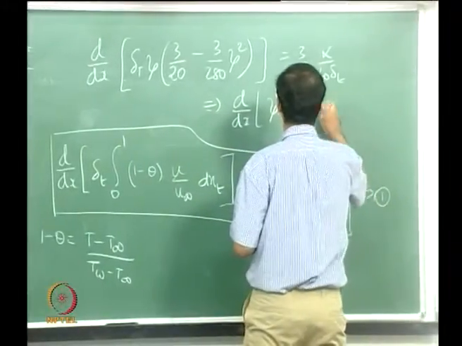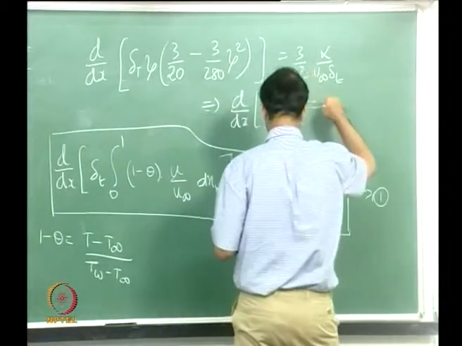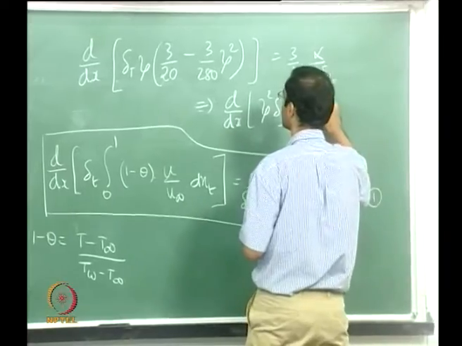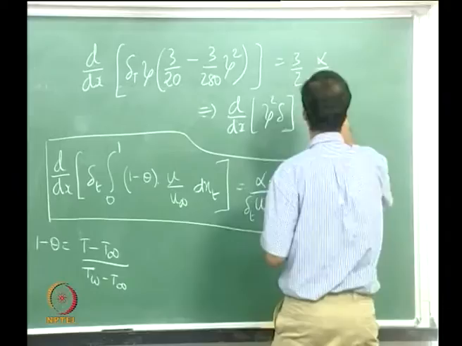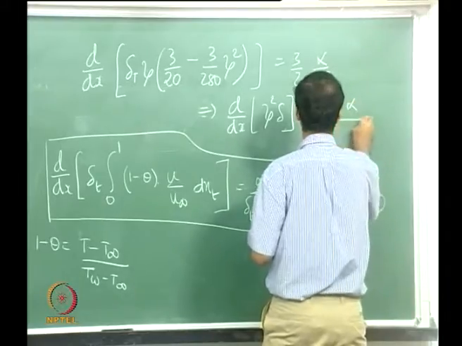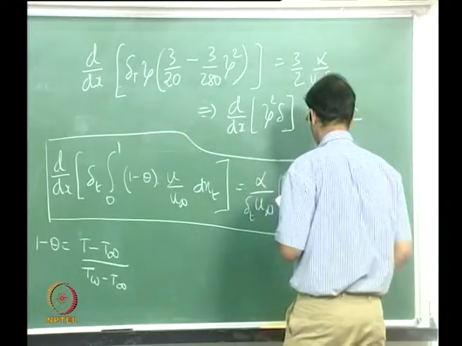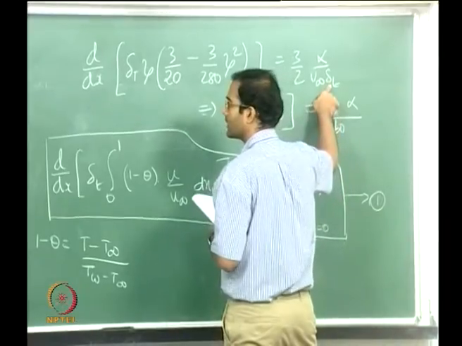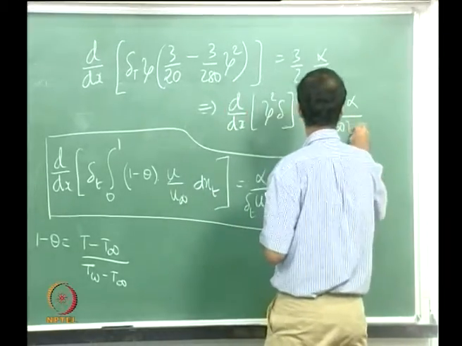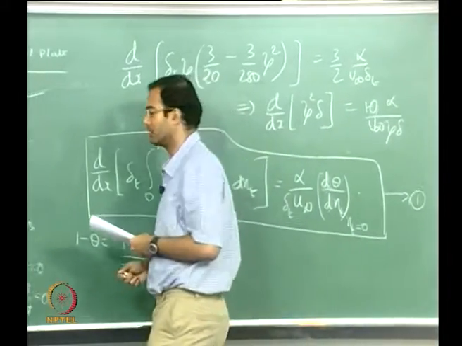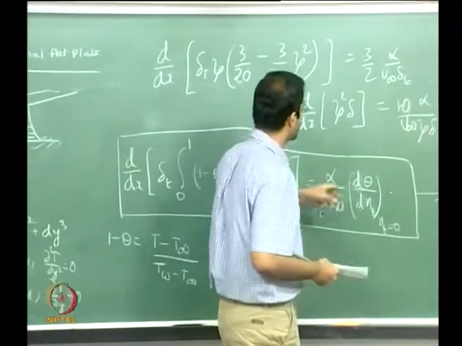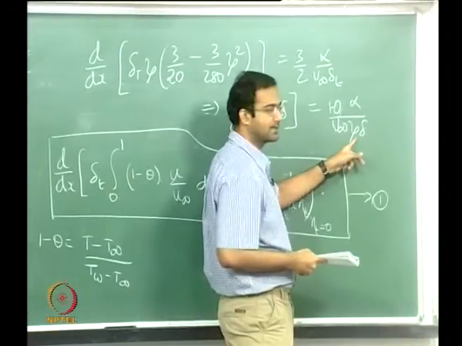On this side I am factoring out 3 by 20, and this will become 10 alpha by u infinity, and delta t again in terms of zeta and delta. So finally I am reducing the entire equation to an equation only in terms of delta and zeta.